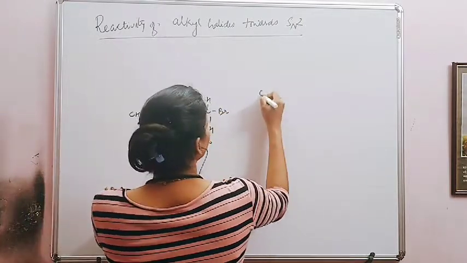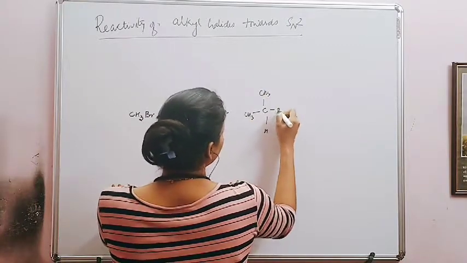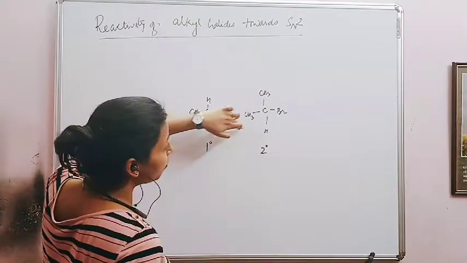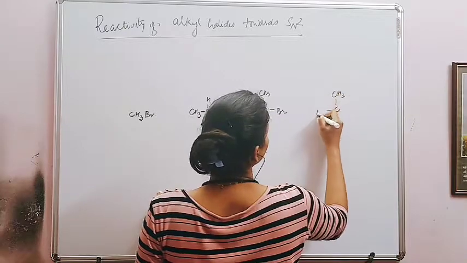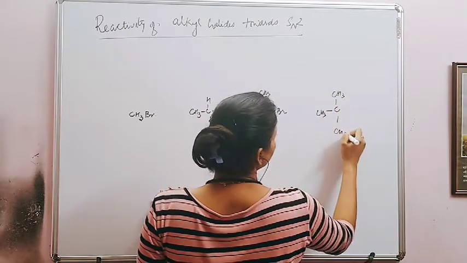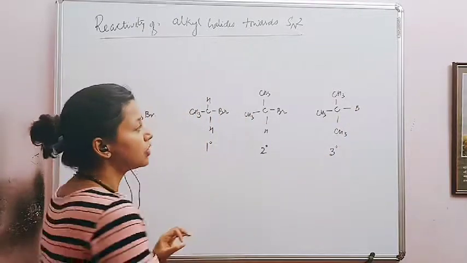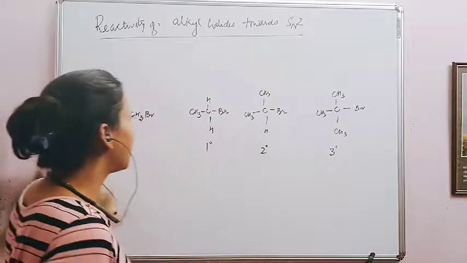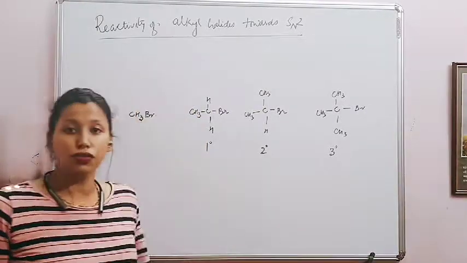After that we have CH3CHBrCH3. This is a secondary alkyl halide. This is isopropyl bromide. Next we have (CH3)3CBr. This is tertiary butyl bromide.